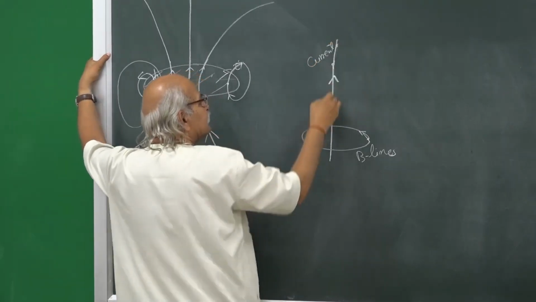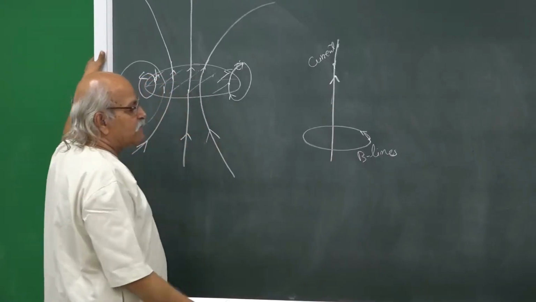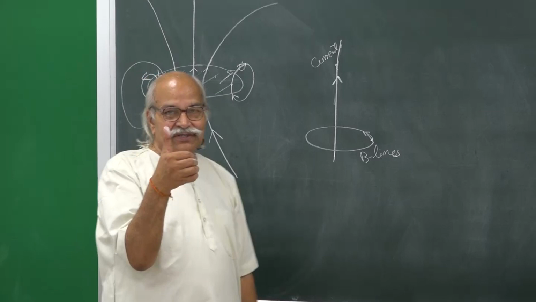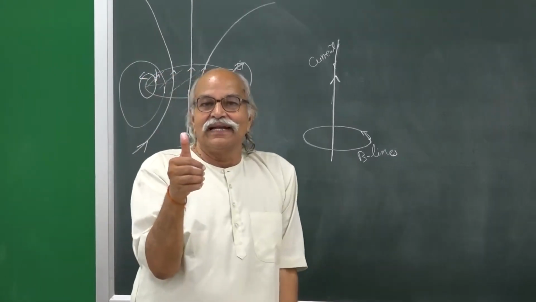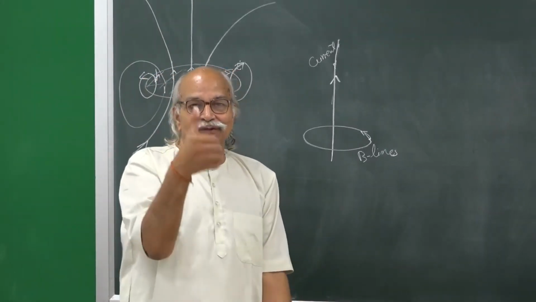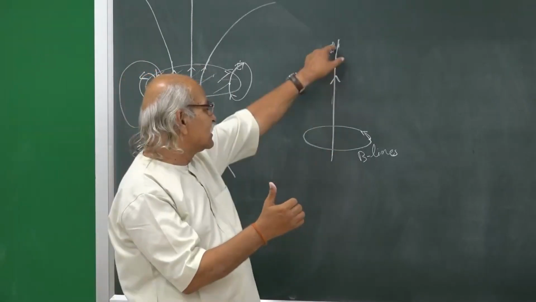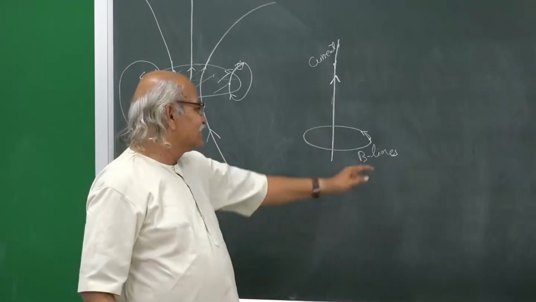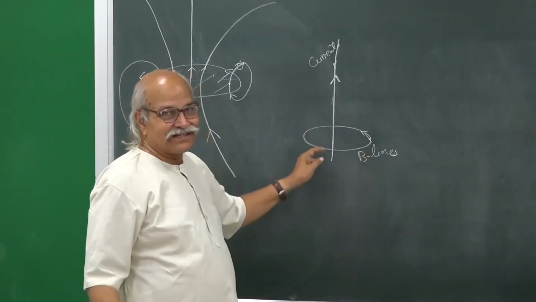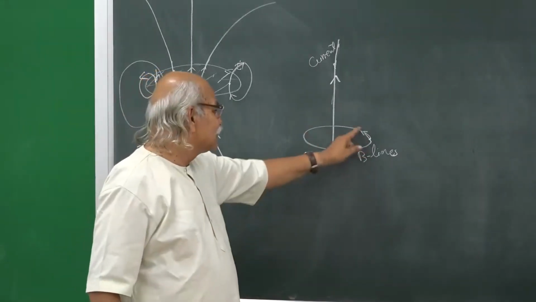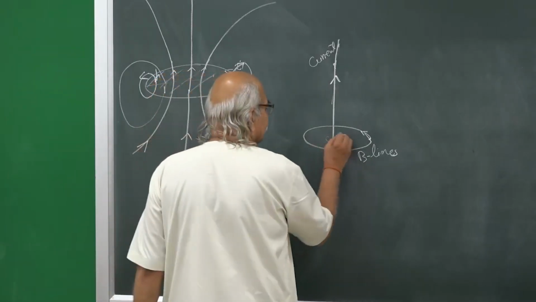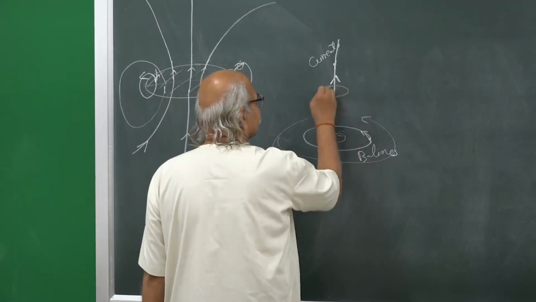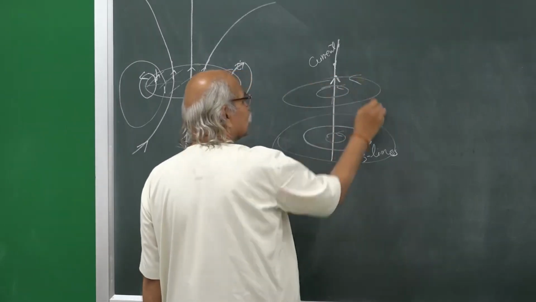So, the current is in z direction and B lines are in phi direction, and you can use the right hand thumb rule, that your thumb is along the current and then the fingers are curling in these directions. You can draw lines here, you will have lines here, and so on.